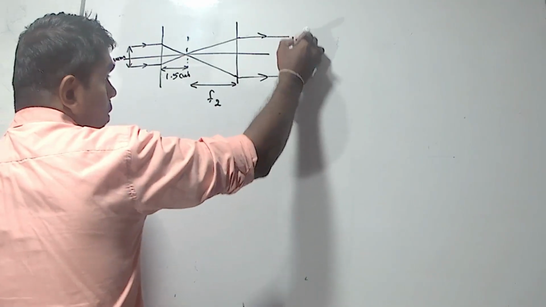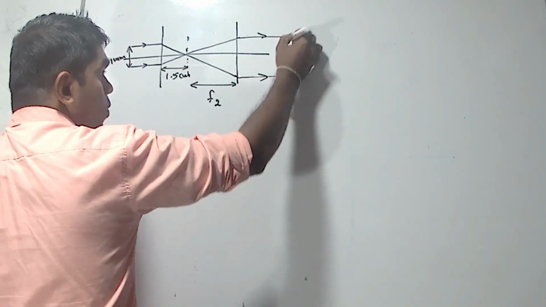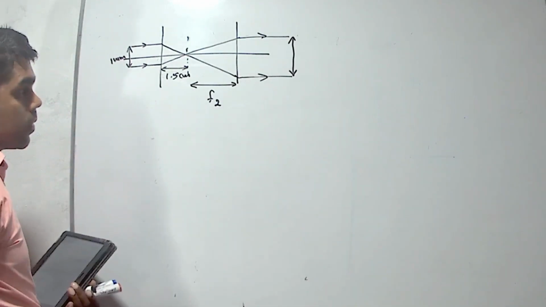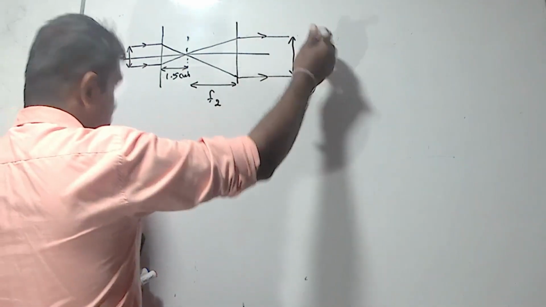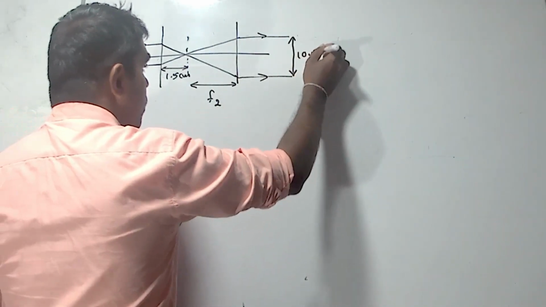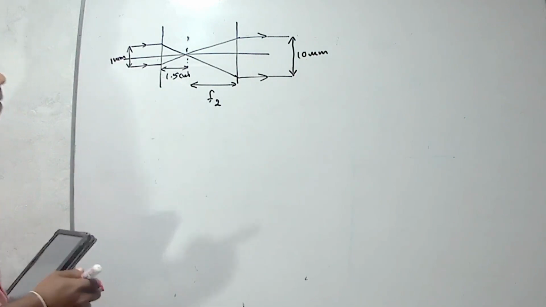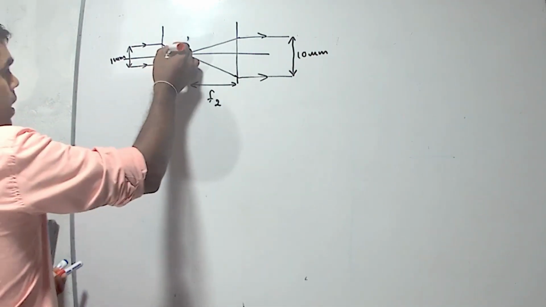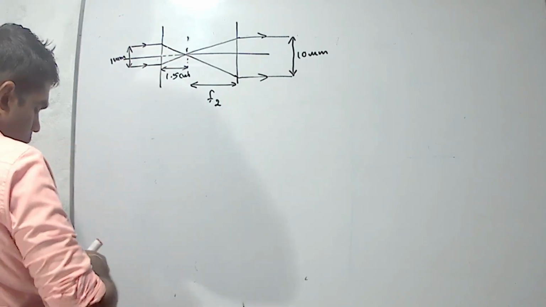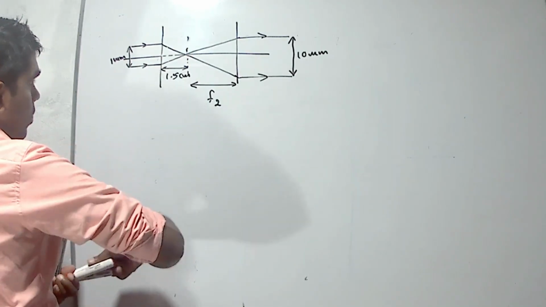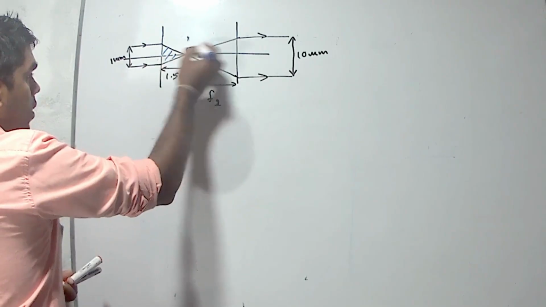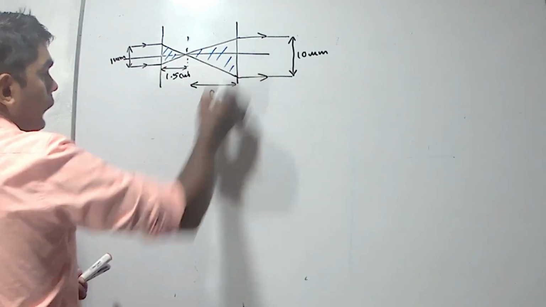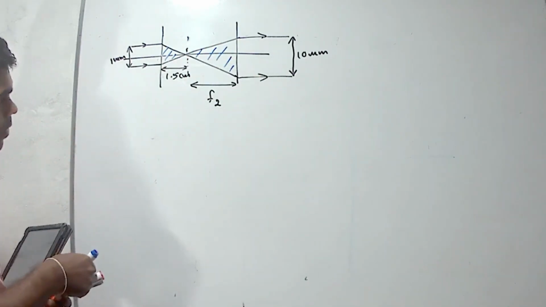They have given the diameter of this beam as 10 millimeters. Now we can consider this triangle and this one as equiangular triangles.